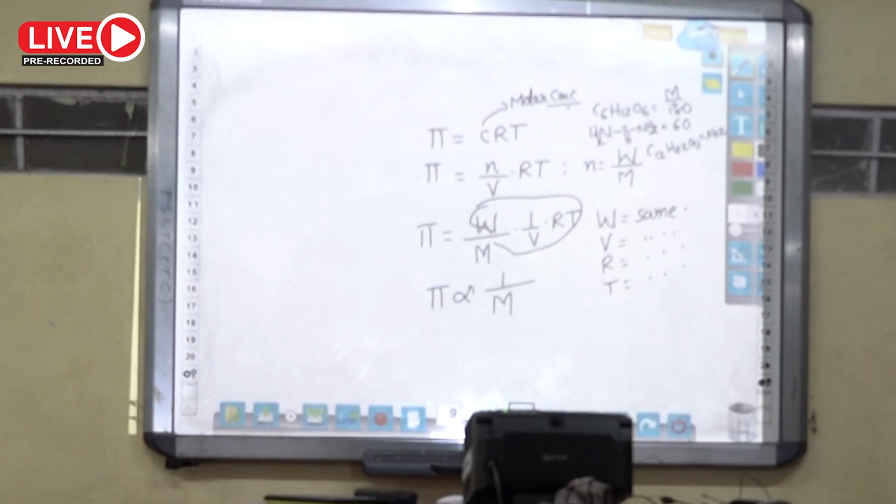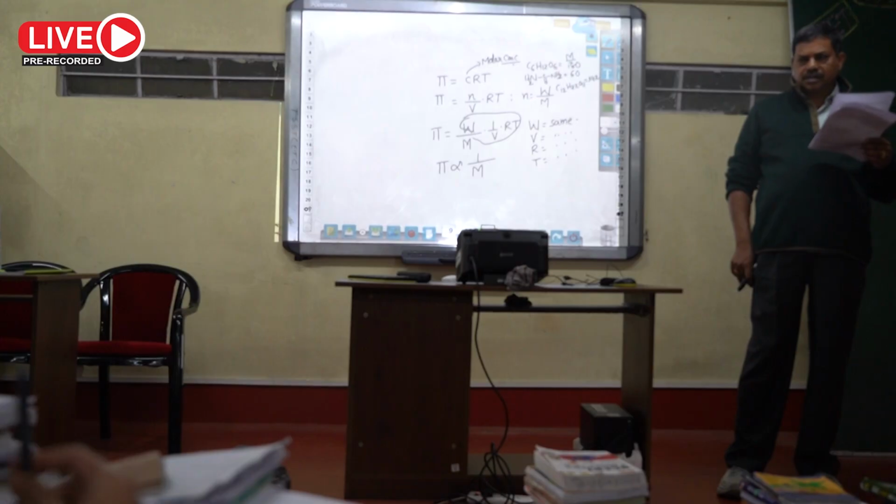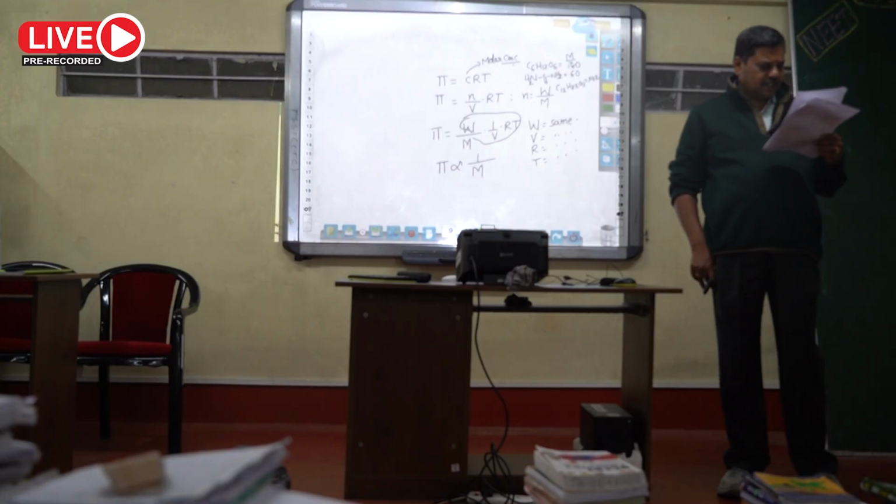Urea is having the least molecular weight, so its osmotic pressure will be more. Urea is higher than glucose, glucose is higher than sucrose. That is the answer.